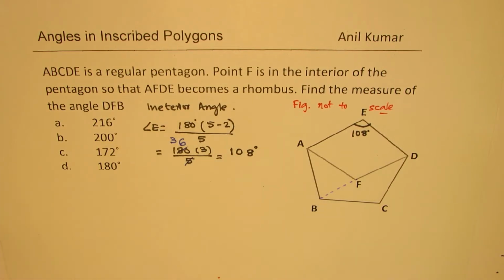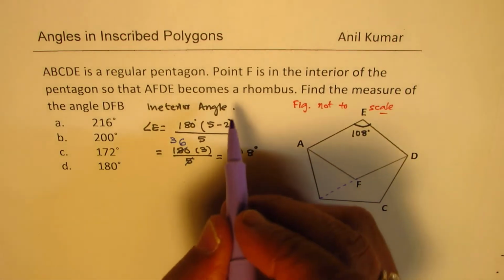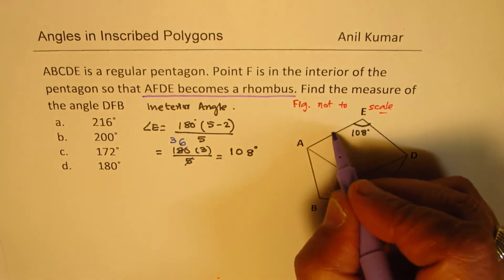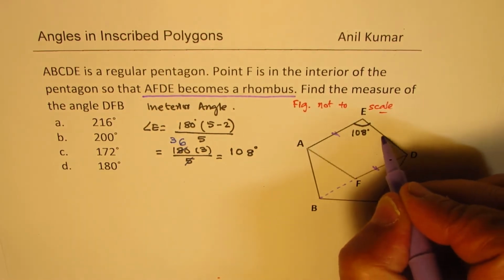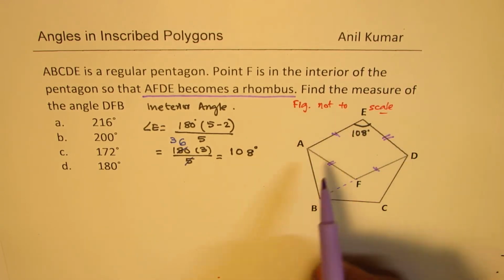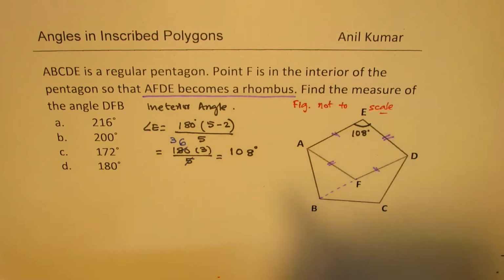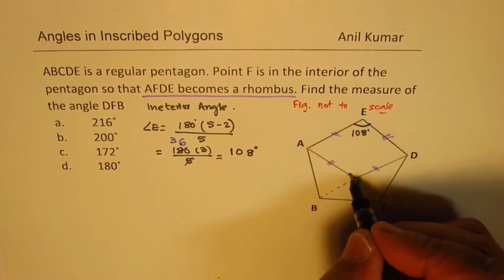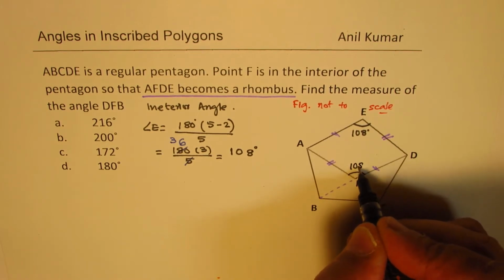Now we are given that the figure which we have is a rhombus. So AFDE is a rhombus. That means the opposite sides are equal, these are all equal sides, correct? Now in the rhombus, the opposite angle will be 108, right?